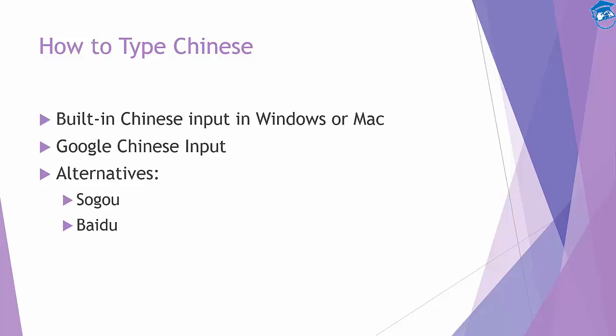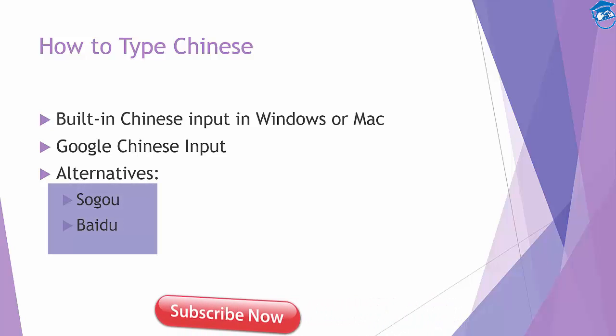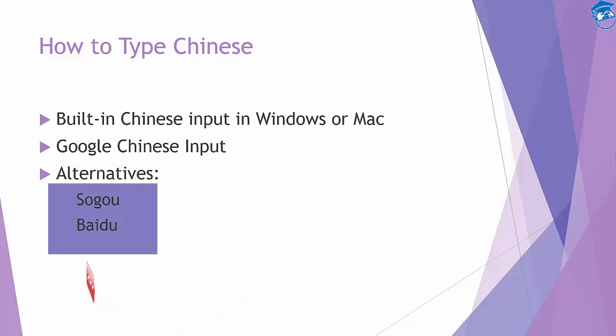Alternatively, if you insist on downloading a Chinese input so you can key in Chinese in documents rather than in the web page, you can use Sogou or Baidu, because these websites are not blocked in China.